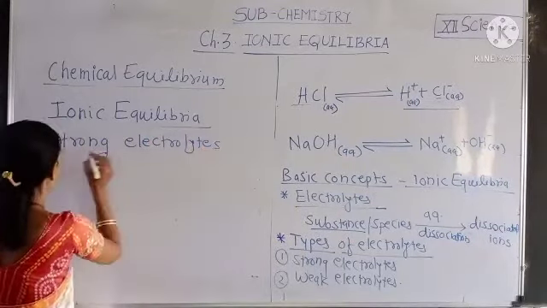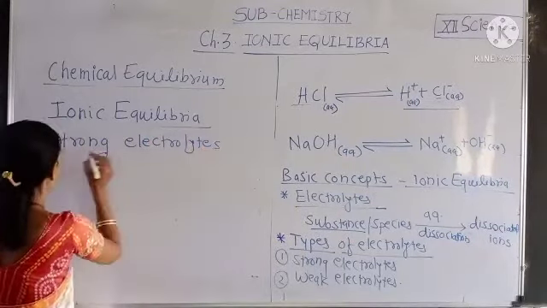These are called strong electrolytes. For example, HCl is an acid, hydrochloric acid, all of you are aware of that. When HCl is dissolved in a given amount of water, we get an aqueous solution of HCl, and the ions H plus and Cl minus are formed.